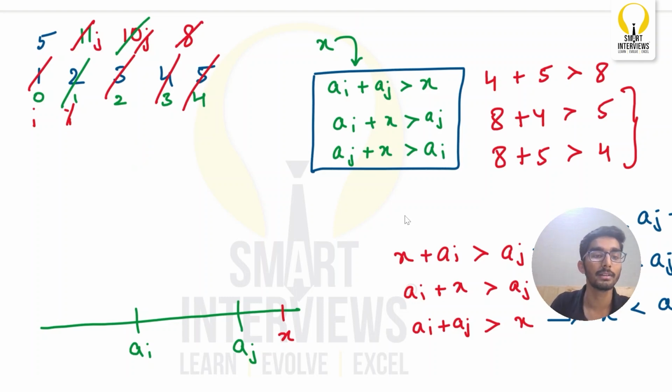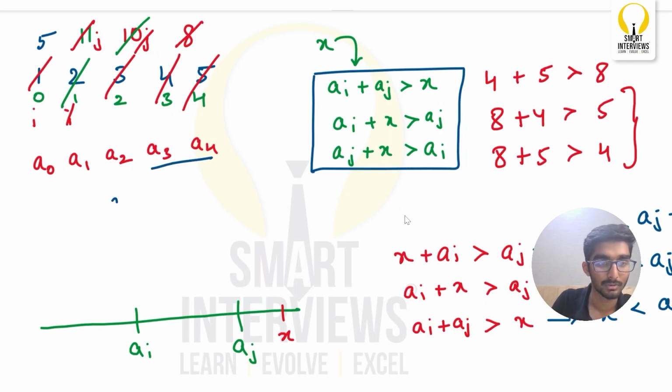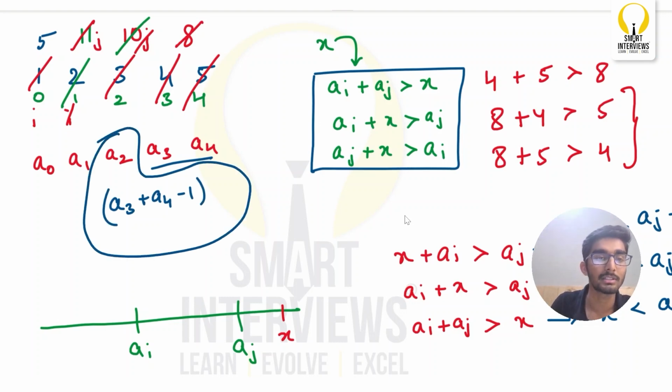So what are we doing? If the elements are A0, A1, A2, A3 and A4, what are we doing? I am picking these two, A3 plus A4, and I am subtracting 1 and adding to it. Now I am doing the same process for these two elements, right?